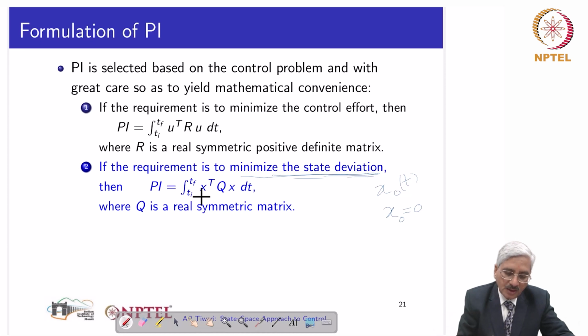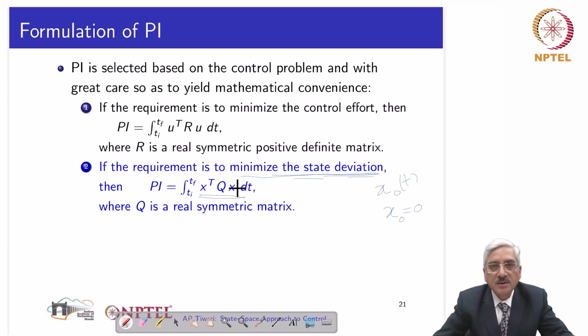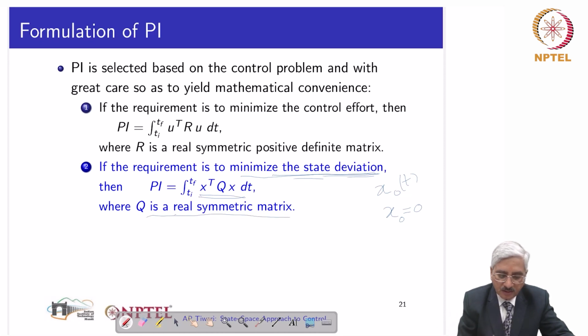So in that case, PI is x transpose Qx. Again, Q is a real symmetric matrix. It is required to be at least positive semi-definite. We will see in the subsequent part of the lectures. But it must be positive semi-definite at least.